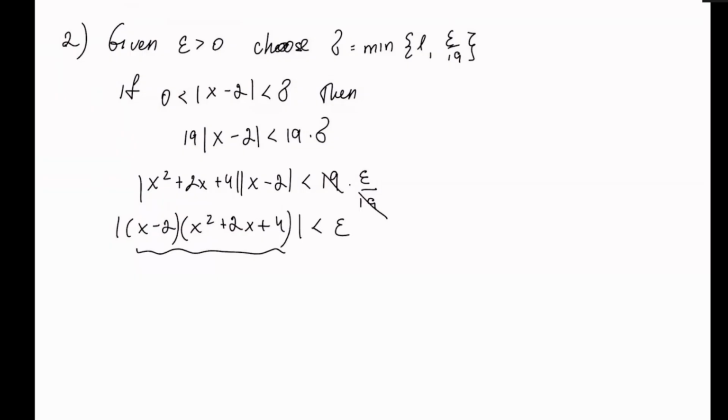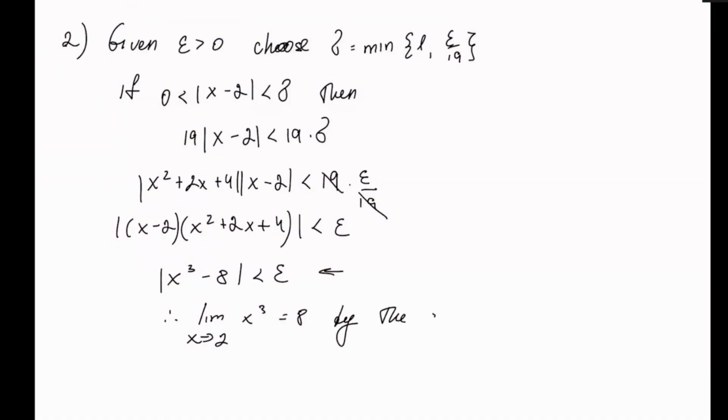And this is again the difference of cubes, and we have x cubed minus 8 less than epsilon, and this is what we essentially needed to prove. So therefore, the limit as x approaches 2 of x cubed is equal to 8 by the definition of a limit.